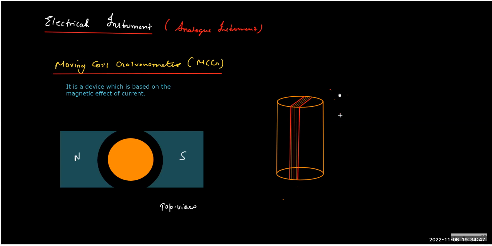So the clamp will make sure that it will not slip to the right or left. It will remain intact within this groove. If I wish to draw it here, I'll draw something like this.